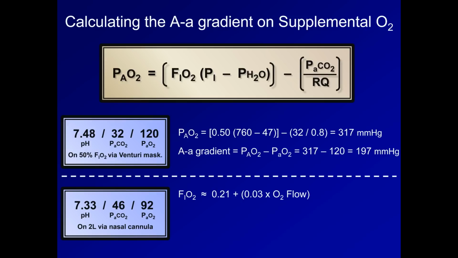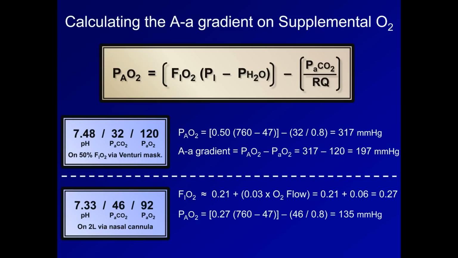In this case, this is 0.21 plus 0.06 or 0.27. Then we plug this into the alveolar gas equation and get 135 millimeters of mercury. So the AA gradient for this patient was 135 minus 92, or a closer to normal 43.